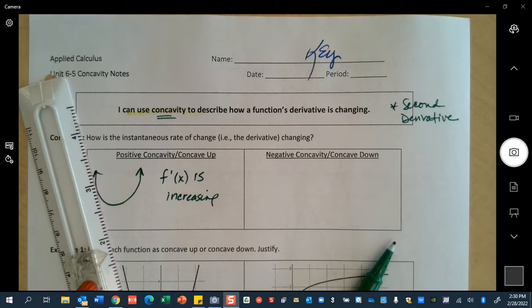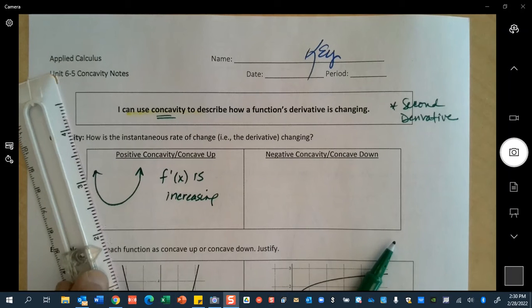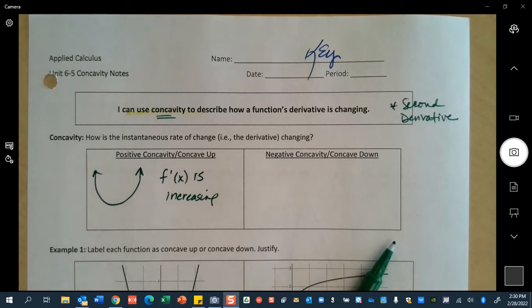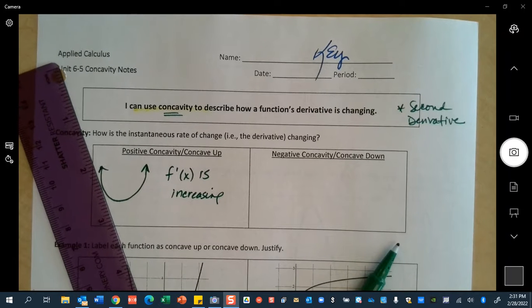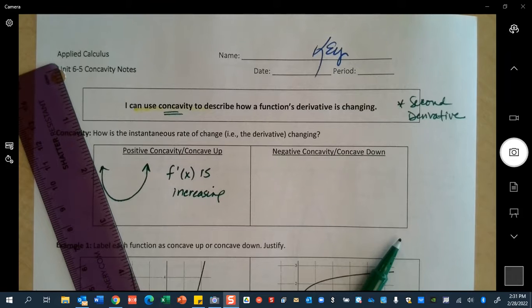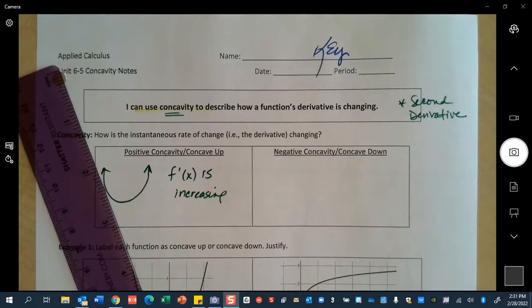In each of your baskets, you should have some kind of straight edge. If you don't, let me know and I'll be glad to help you out. These ones are fun because they have a little knob on it that you can help drive it. These ones are tons of fun because they're see-through. Maybe that'll help you. If you need a straight edge, just let me know and I'll be able to get you more.